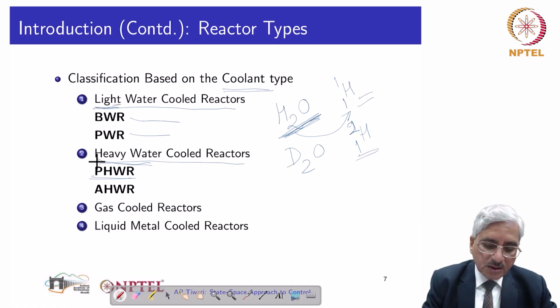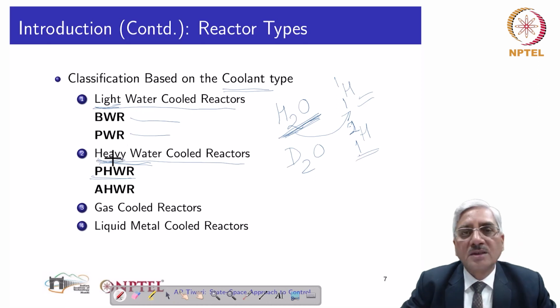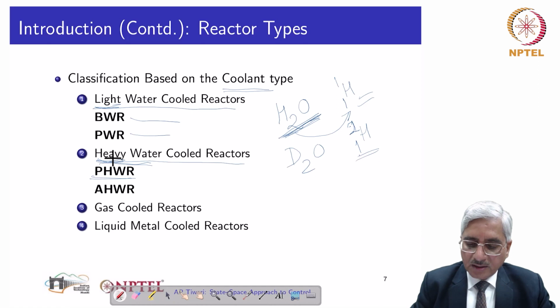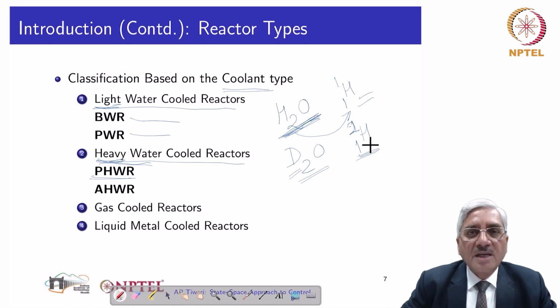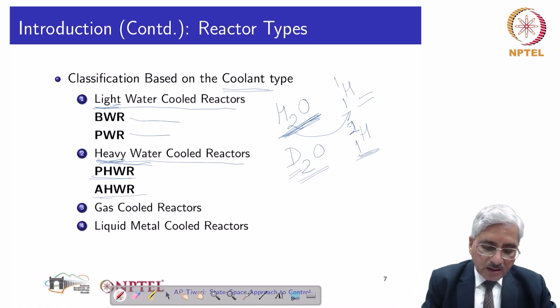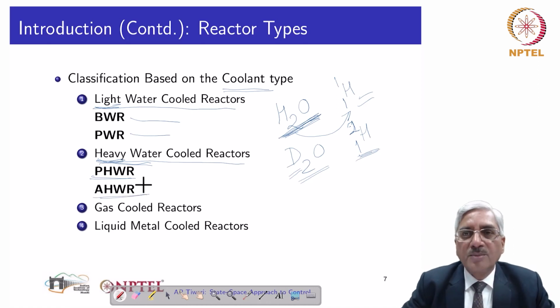So these terminologies, light water and heavy water, are used in the nuclear area, and we understand that both are water. However, one contains deuterium, which is denoted by D, but it is 1H2 chemically. We have pressurized heavy water reactors in India, and ASWR is at the design stage. It may come sometime in future.